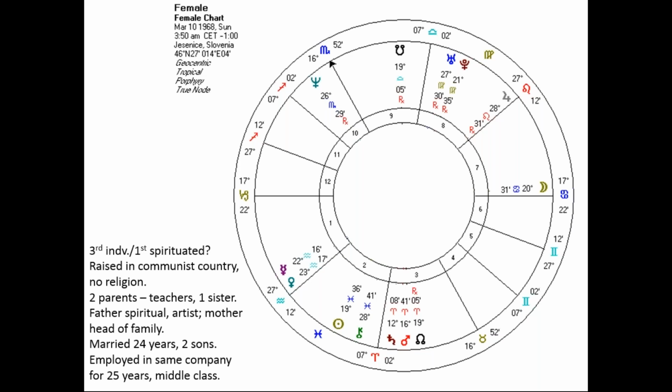Part of me wonders, and again, this is just an opinion, I don't take anything here as gospel, because this is also the marriage house and there are 3 planets in here, I'm wondering if in a past life you had an intimate partner who would not give you freedom.